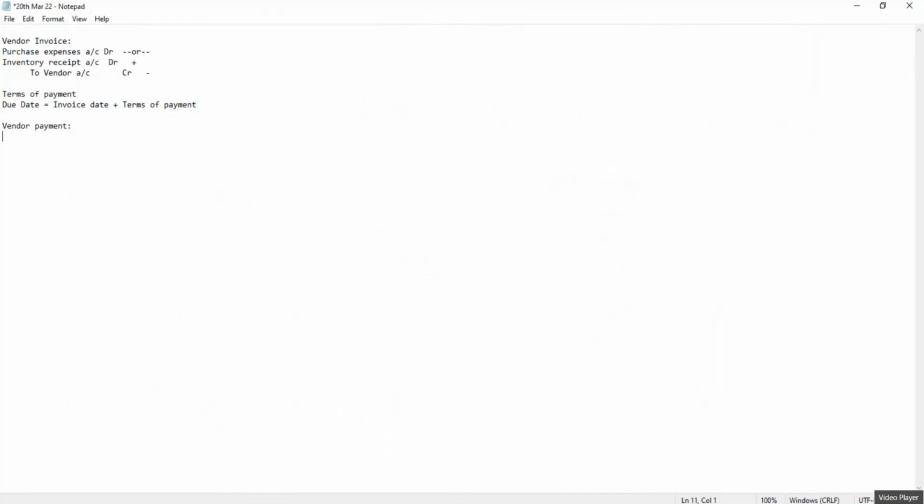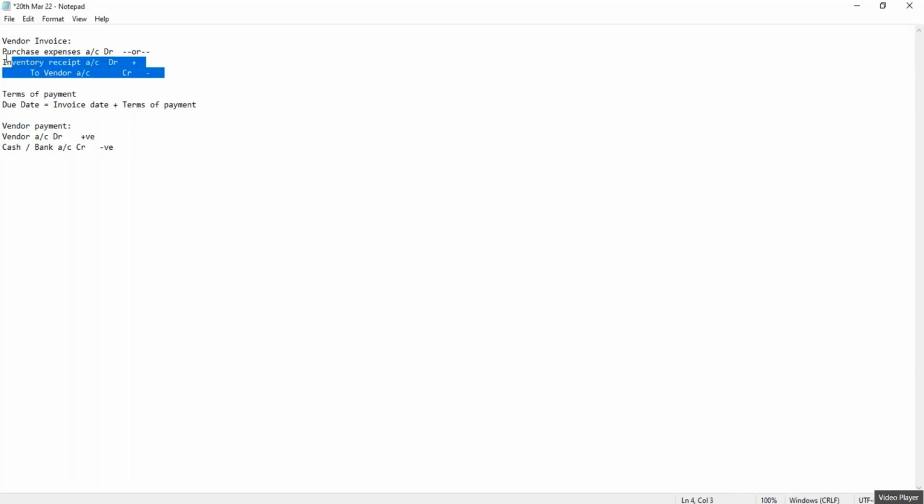Next, payment. While doing payment, your cash balance or bank balance will be decreased, minus. And vendor account, here it is credit, now it is debit, then it will be nullified, meaning it will become zero.